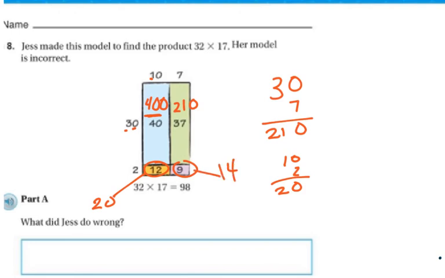Well, it looks like she took the 30 and she added it to the 10, because 30 plus 10 is 40. And 30 plus 7 is 37. And then 2 plus 10 is 12. And 2 plus 7 is 9. So she added instead of multiplying.